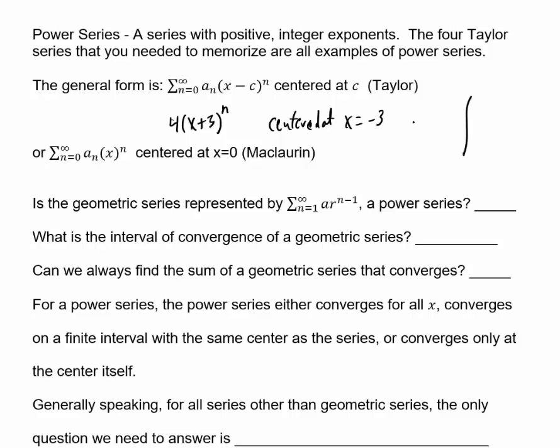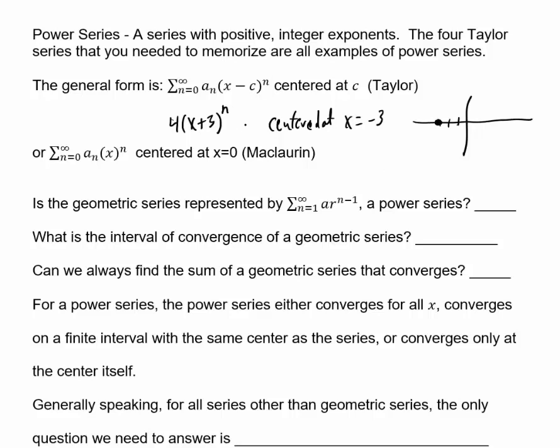Or another way of looking at it, and probably a better way, is doing the shifts that you learned in Algebra 2 and Pre-Cal. X plus 3 in parentheses is a shift that's 3 to the left, which means it's centered at negative 3. Okay. And again, that's the only thing that's important, what it's centered at, which sometimes is important.